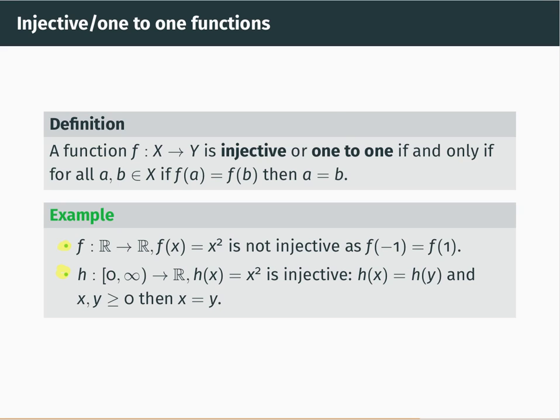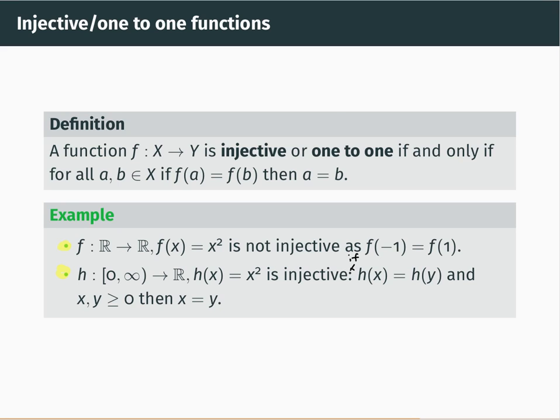Now this function is injective because, if h of x is equal to h of y, and x and y are elements of the domain of h, then actually x must equal y. Right? If you've got two non-negative real numbers with the same square, then they're actually equal.